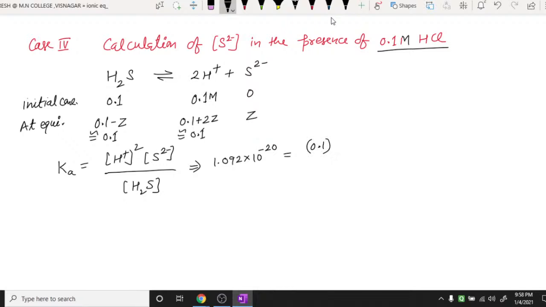0.1 raised to power 2 into Z divided by 0.1 only. So 0.1 is cancelled.